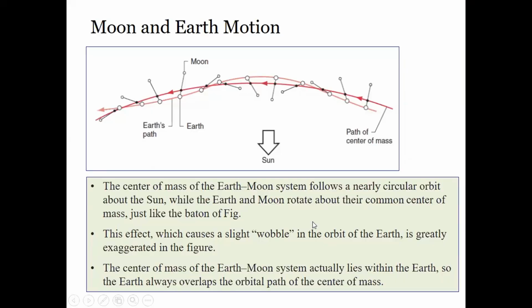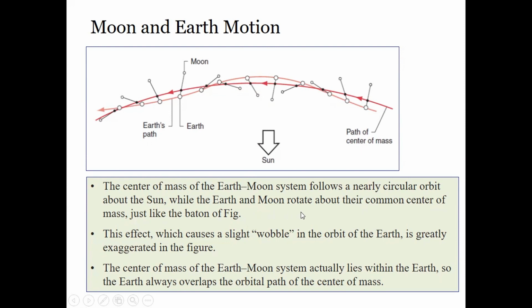We have already gone through this, that the Moon and Earth form a two-body system, and the center of mass of the Earth-Moon system follows nearly a circular orbit about the Sun. You can see here the dark red-colored path is that circular path, which is the center of mass path.